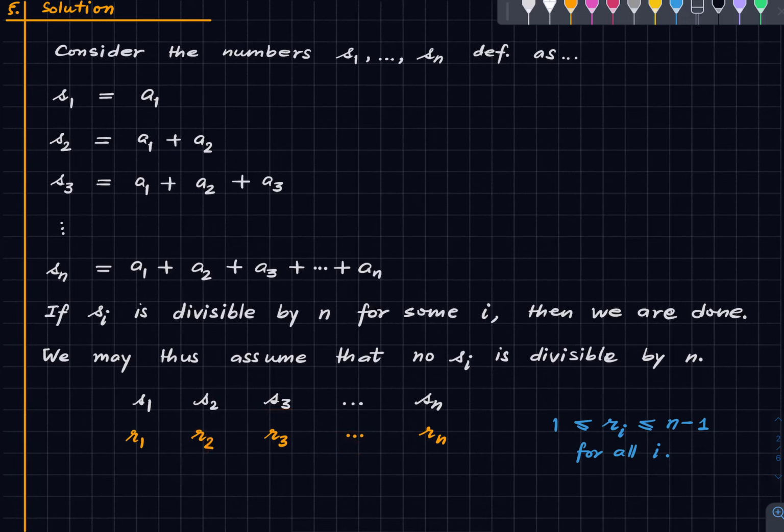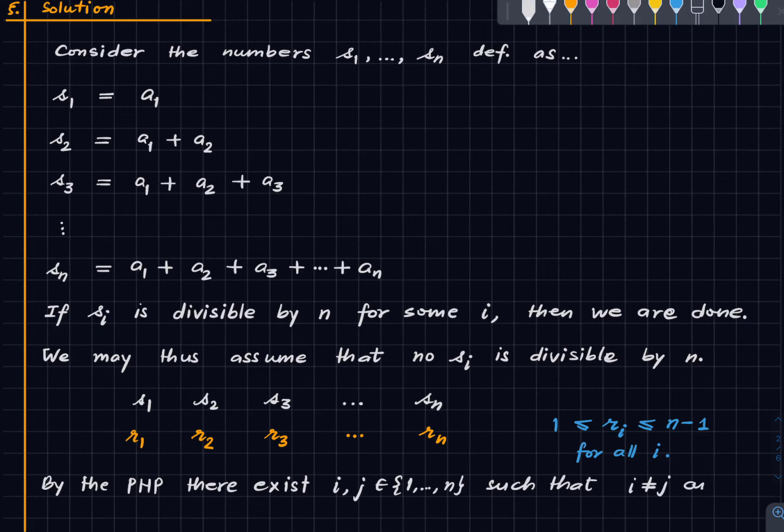So we can write by the pigeonhole principle, there exist i and j in this range such that i is not equal to j and Ri is equal to Rj.